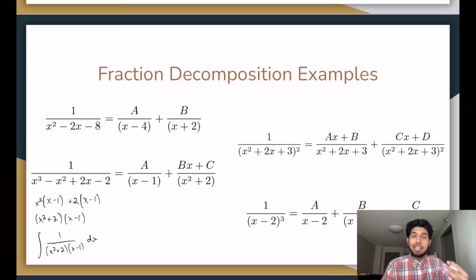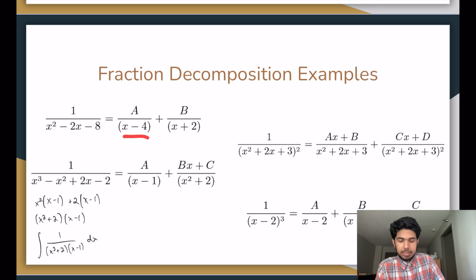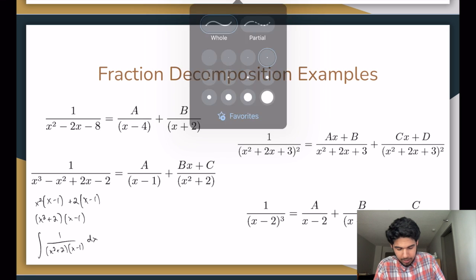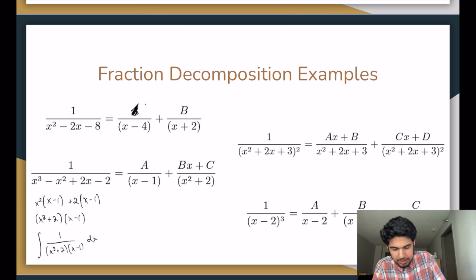So this is technically the first step of our partial fractions solving with integrals. We're going to claim that we can decompose our integrand into the sum of two fractions. We'll solve for a and b, and then we'll say, okay, the integral of that left-hand side is equal to the sum of the integrals of the right-hand side. And let's just pretend that a was equal to 1 and b was equal to 1.